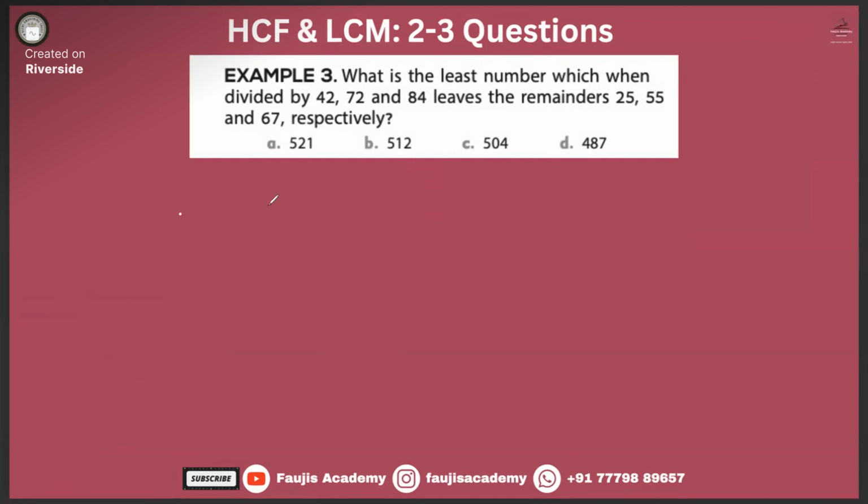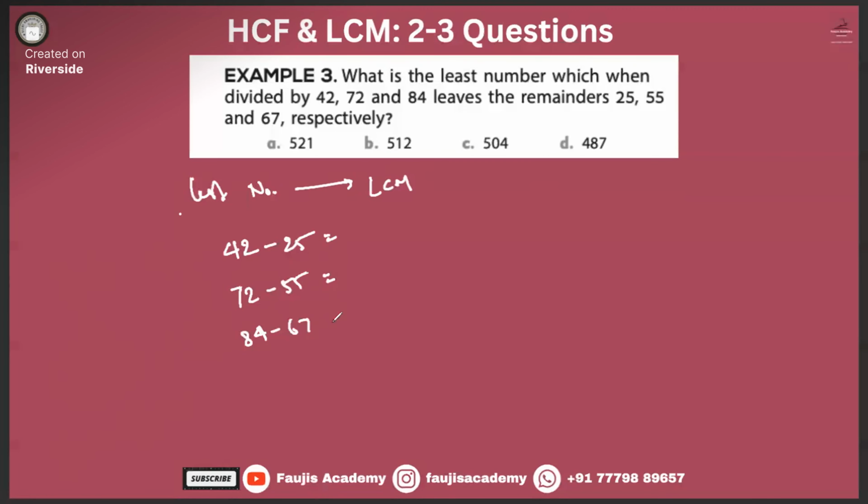They have asked for the least number, so we'll be working it out with LCM, which when divided by these leaves these remainders respectively. Observe it carefully: 42 minus 25, 72 minus 55, 84 minus 67.